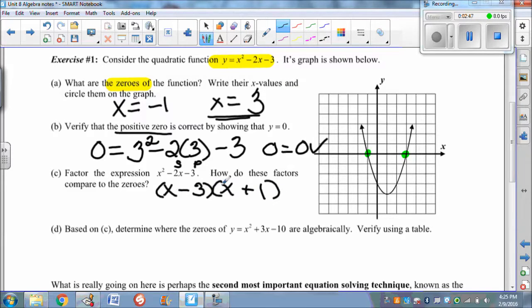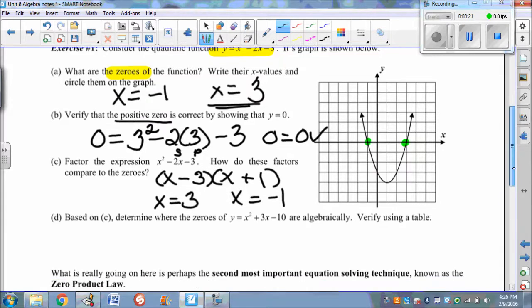So now hopefully you're starting to see how these factors compare to the zeros that we came up with up here in A. If that's a factor, x minus 3, and that's a zero, and that's a factor, x plus 1, and that's a zero, how are they somehow related? Hopefully you're saying to yourself, well, those are just the opposites, which is true. So x is 3 and x is -1. All right, we're getting there.